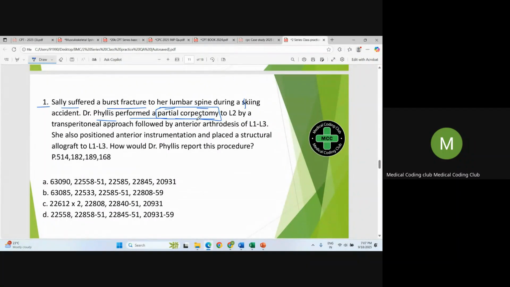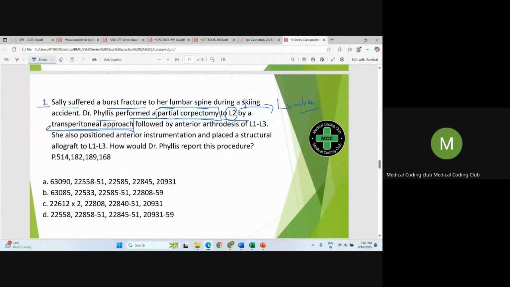The doctor performed partial corpectomy to L2. L2 means, what is your understanding? Lumbar. So they did partial corpectomy to L2 by transperitoneal approach.